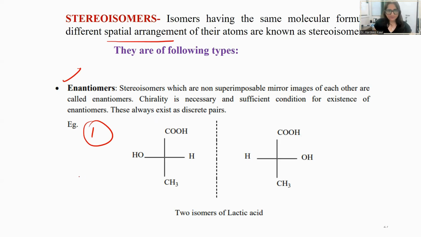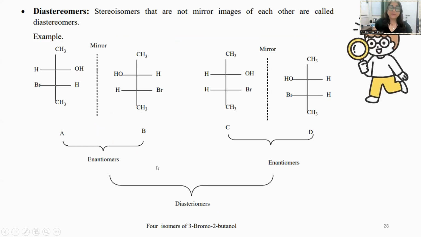Chirality is the necessary and sufficient condition so that an enantiomer can exist. Second, they have non-superimposable mirror images. Any compound with its mirror image, if they are non-superimposable, are called enantiomers.